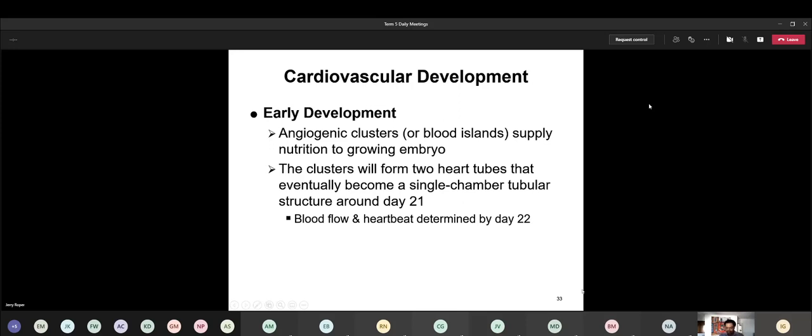All right, so blood flow and heartbeat determined by day 22. So that means that, it all depends. I mean, these days, a lot of times I think expecting moms will just buy a little ultrasound type of device, a little Doppler kind of thing, and check to see if they can hear the heartbeat.